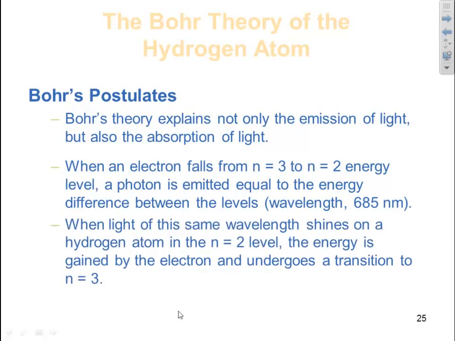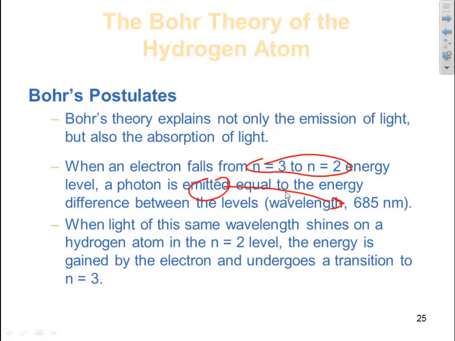When light of the same wavelength shines on a hydrogen atom in the n=2 level, the energy is gained by the electron, which undergoes a transition to n=3. So if I go from n=3 to n=2, I will emit a photon with a wavelength of 685 nanometers.